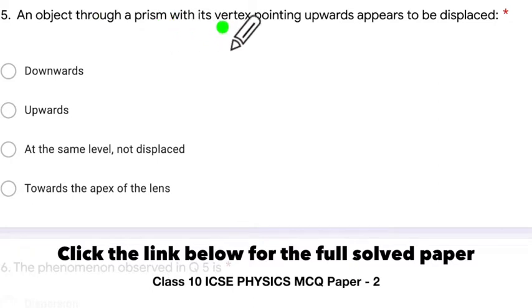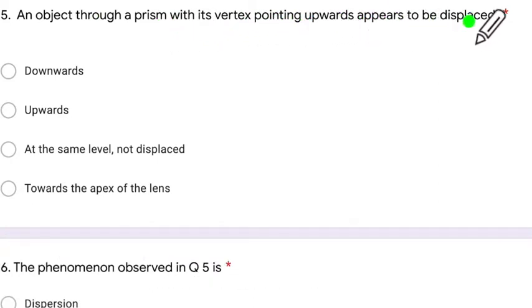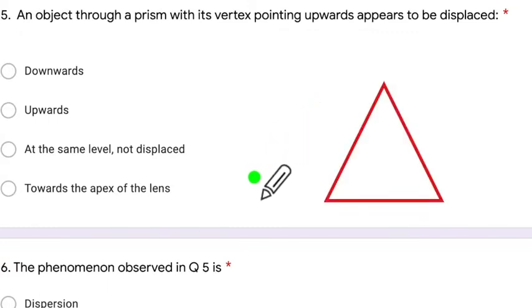An object seen through a prism with its vertex pointing upwards appears to be displaced downwards, upwards, at the same level, or towards the apex. Now this will have to be done with the help of a diagram. So let us look at the diagram. Let us say the object is here. This is the object.